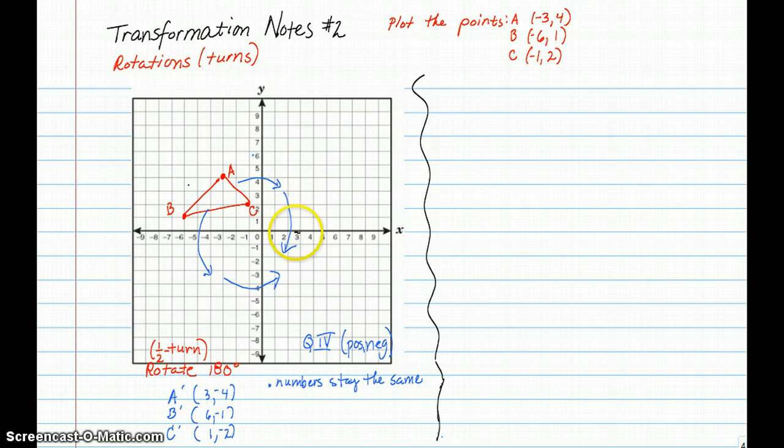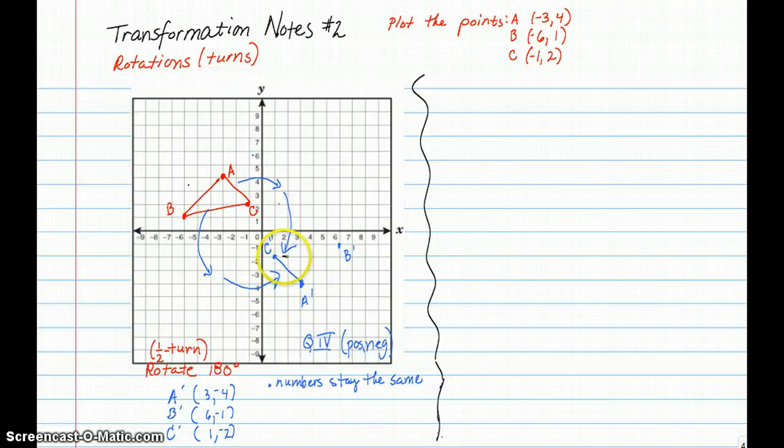And so it's 3, negative 4. That's A prime. And 6, negative 1. That's B prime. And 1, negative 2 is C prime.